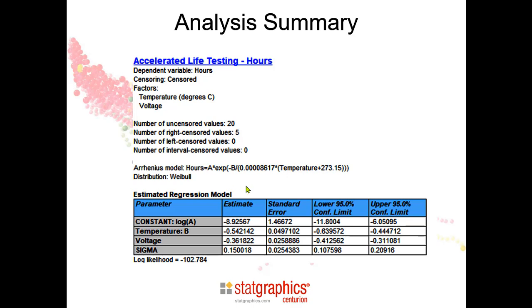In this particular model, there were 4 unknown parameters: the log of A, a coefficient on temperature, a coefficient on voltage, and sigma, which is related to the Weibull distribution. You see the estimates of the coefficients, you see the standard errors, and 95% confidence limits for each of those coefficients.